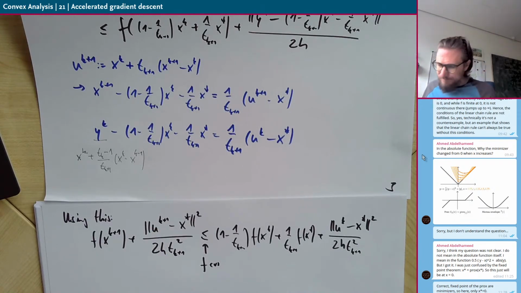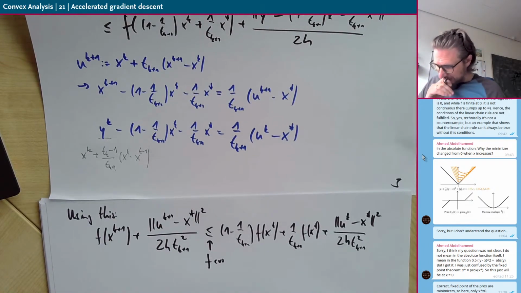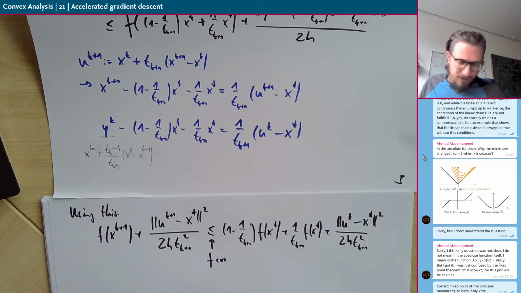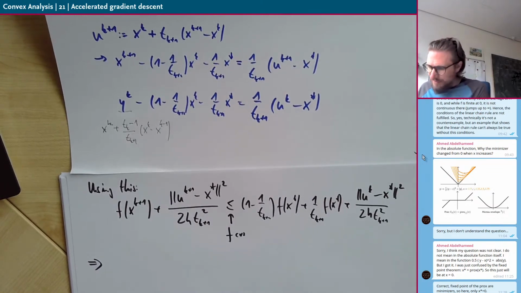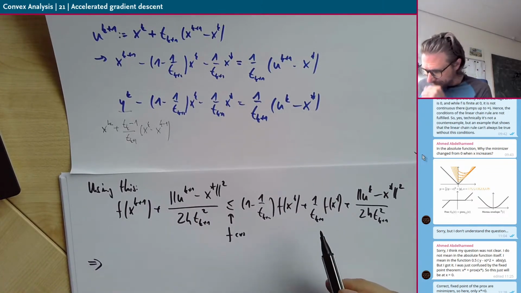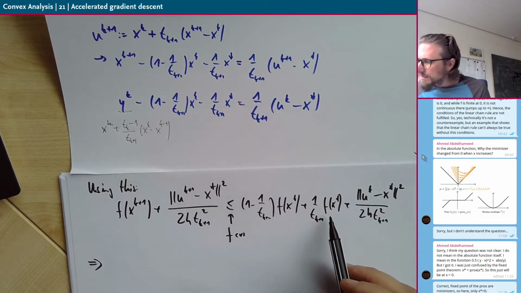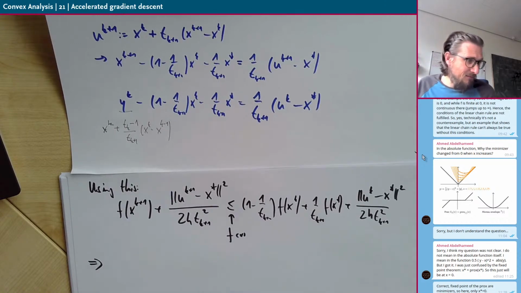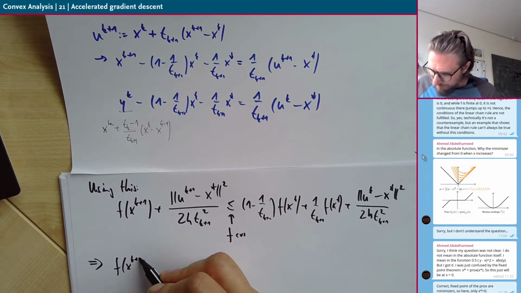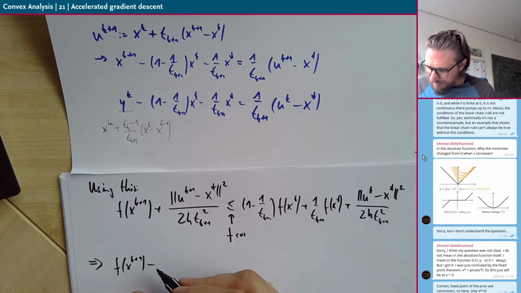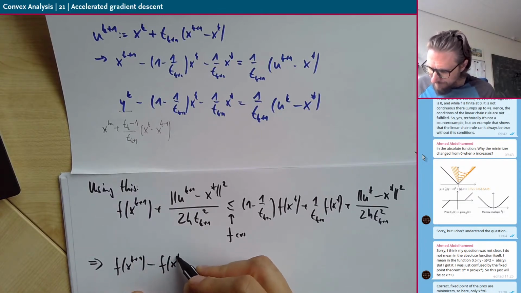Okay, so why is this good? It's not immediately clear yet, but we can just rearrange it, bringing the norms on the one side and the f to the other side. So what do we get? We can write this as f of xk plus 1, and here I would like to subtract an f of x star.